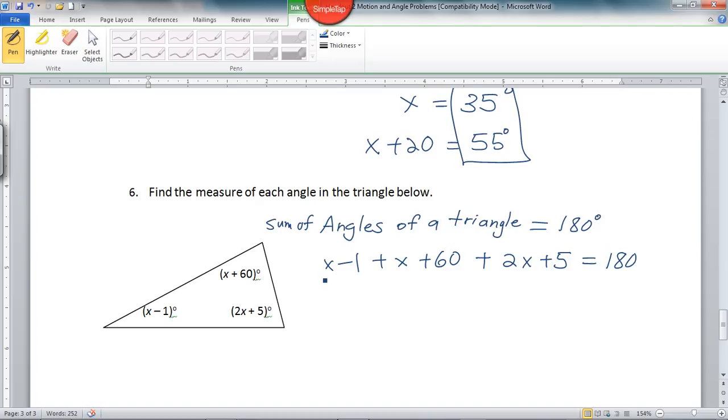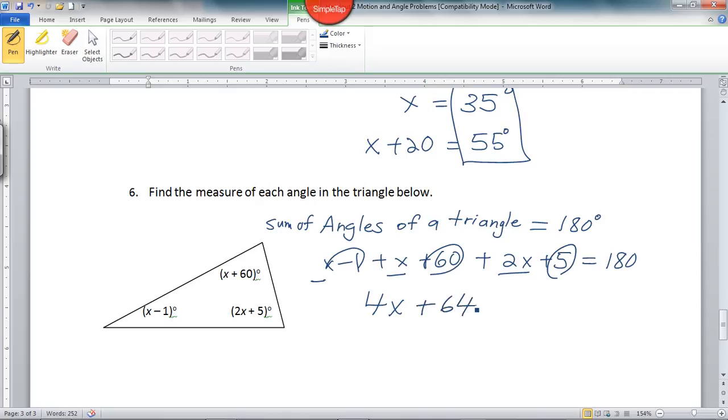All right, well, what do we got? We've got an x, x, 2x, like terms, so add those together, 1x plus 1x plus 2x, that's 4x. Then we've got minus 1, 60, and 5, so that's 59 and 5, 64.